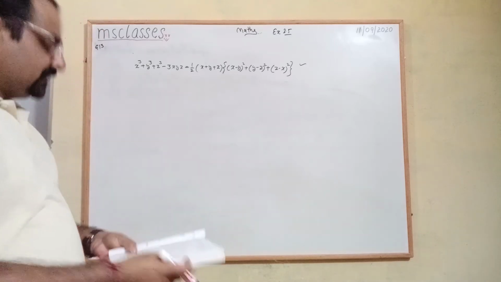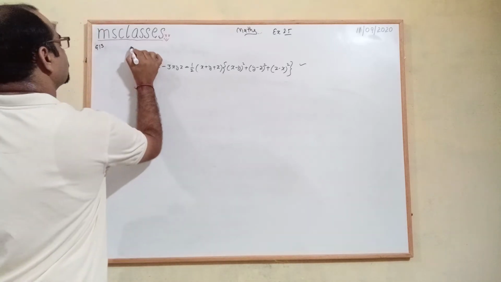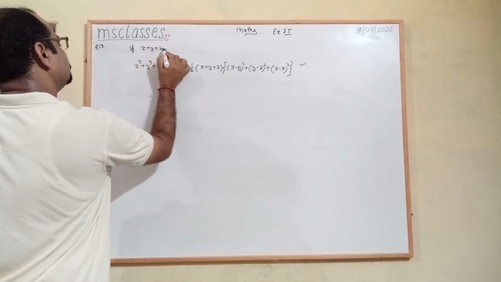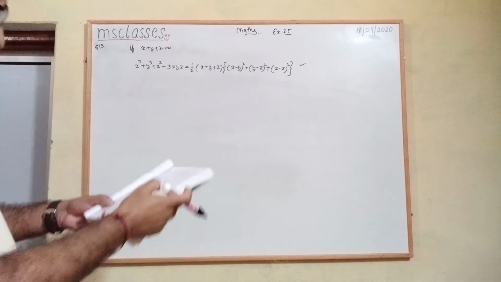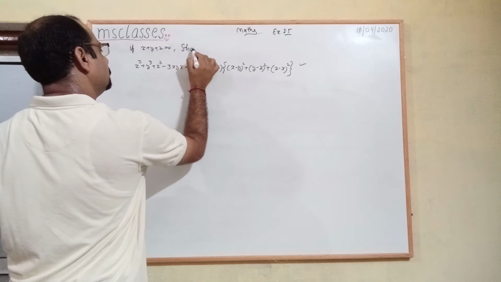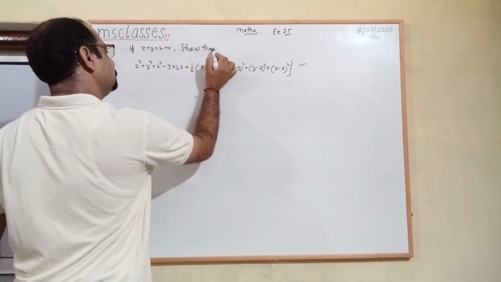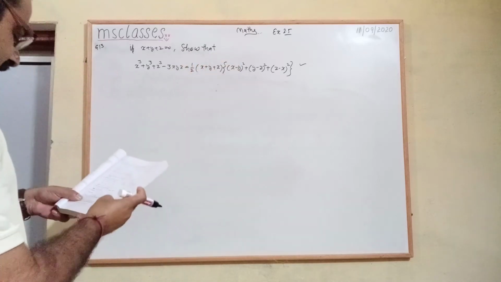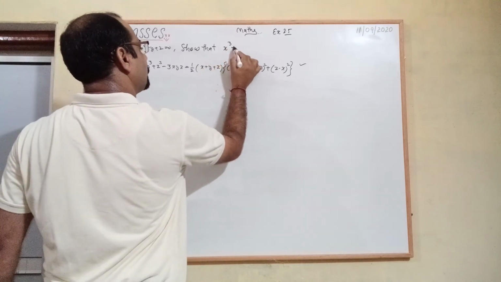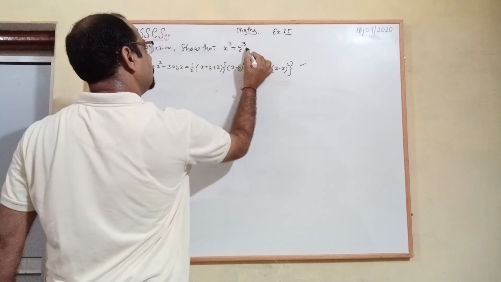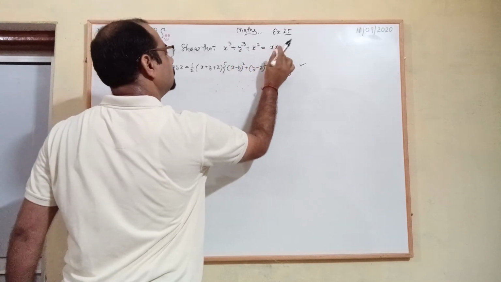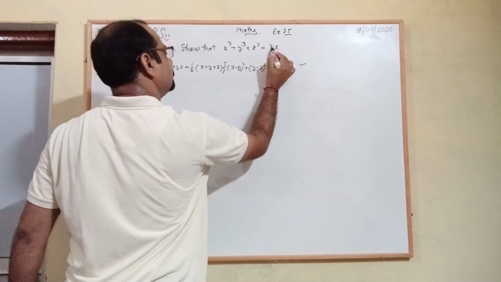In the 13th question, if x plus y plus z is equal to 0, then show that x cube plus y cube plus z cube is equal to 3xyz.